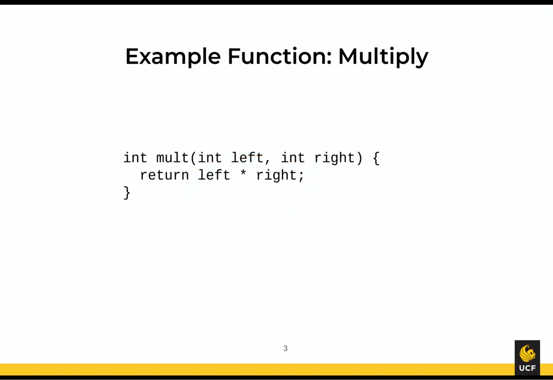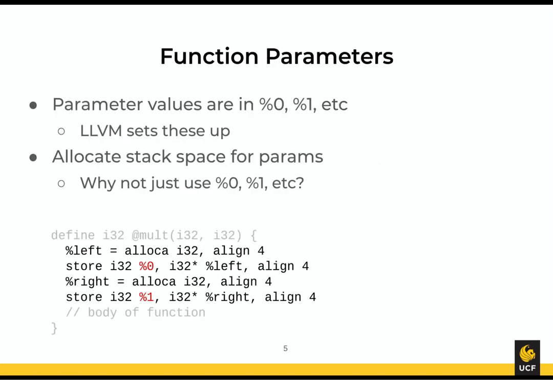But is there any potential problem with that? Let's say I assign left to be right times 2. In LLVM, I can't reassign registers. So the parameters are basically, at least in simple C semantics, just other local variables that you can modify and update as you want. That's why I'm saying you should allocate space for them on the stack.